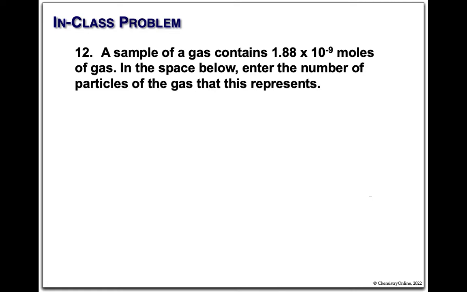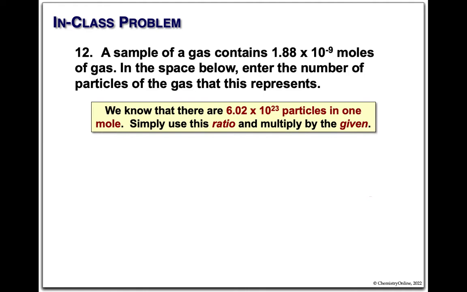What you need to remember is that if we had 1 mole of this gas, any gas, it would have 6 times 10 to the 23rd particles. But we don't have 1 mole. We have 10 to the minus 9 moles. So that's going to be our given. We'll start off with our given.